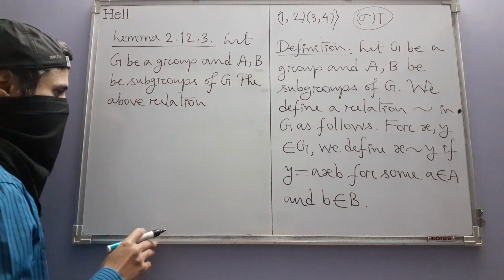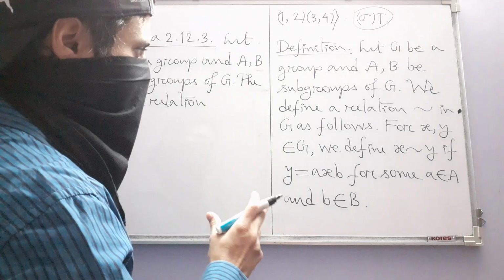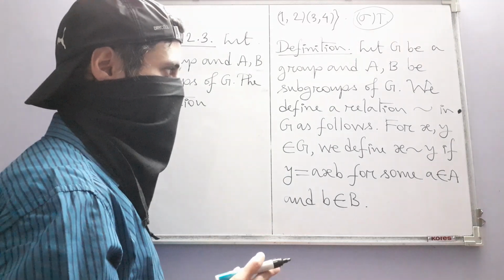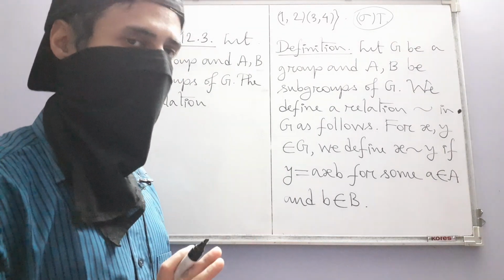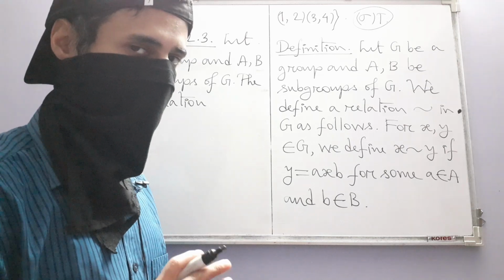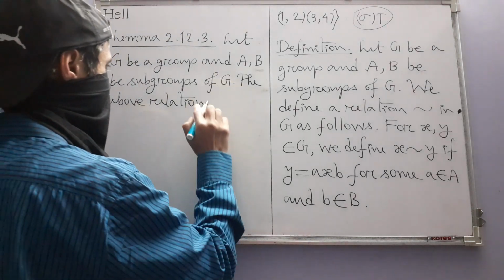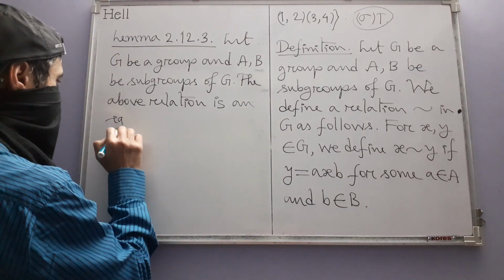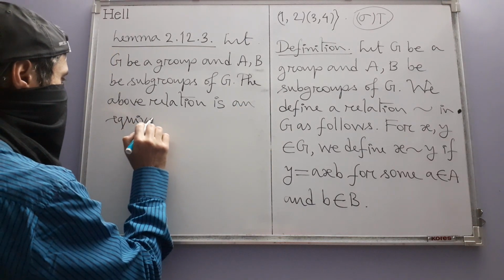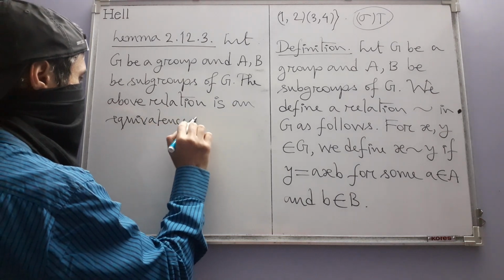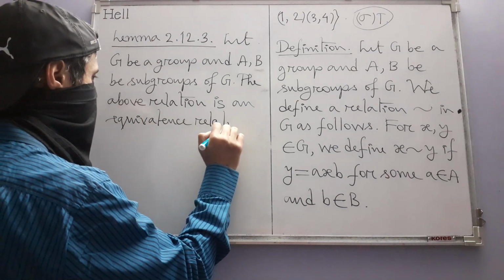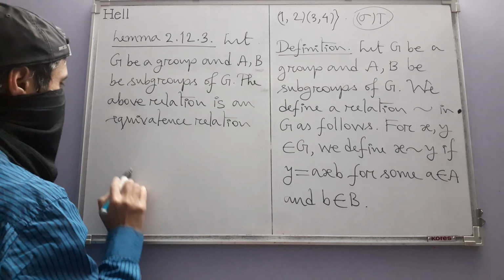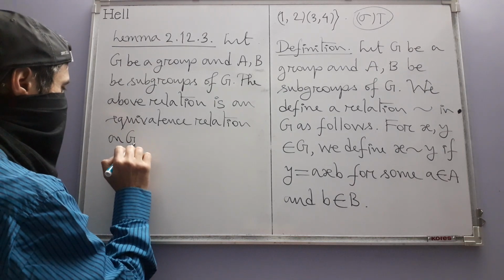In fact, the equivalence classes that this relation generates are important and they have names more than the relation itself. The above relation is an equivalence relation on G.